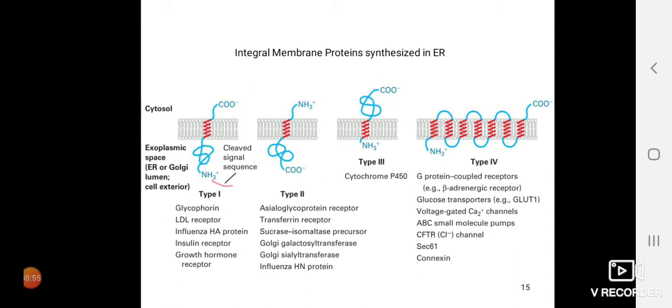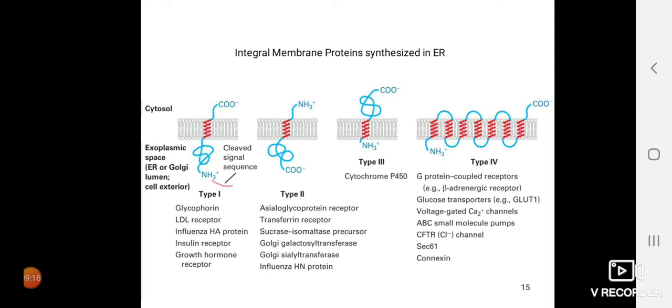Mainly there are four of these, based on the orientation or topology of the protein. Topology is the study of structural details of any of these biomolecules.